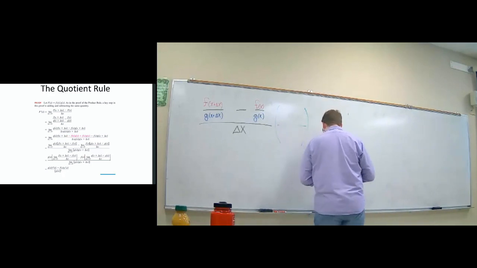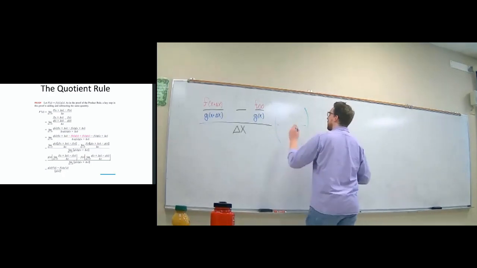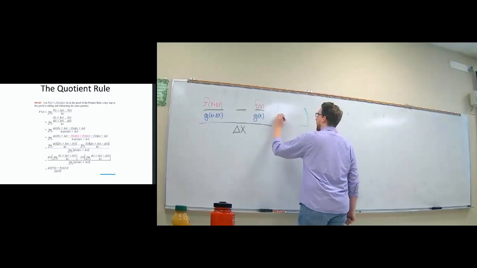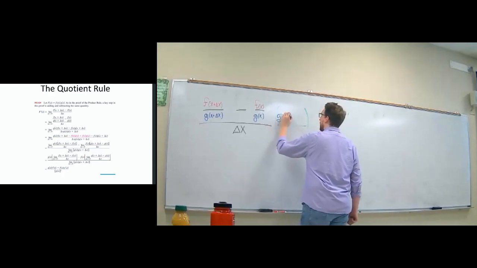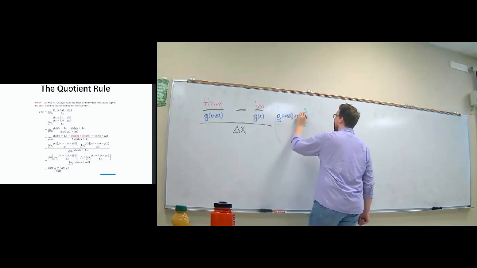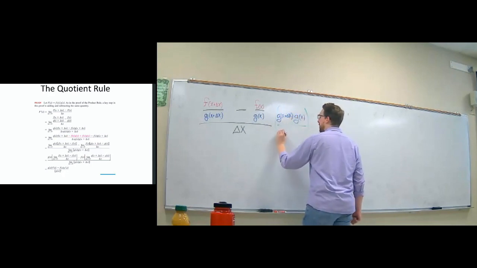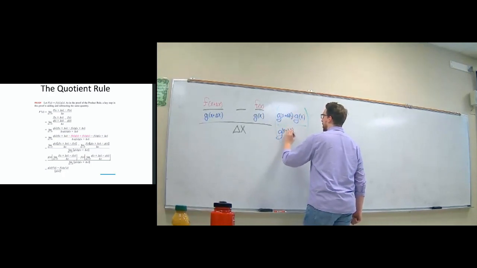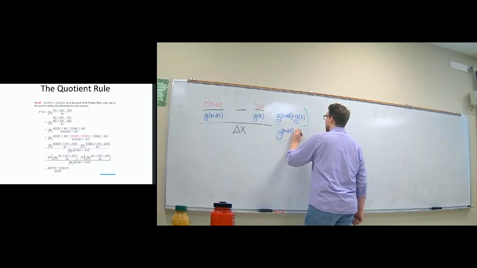We're going to use the 1 g of x plus delta x times g of x divided by g of x plus delta x times g of x.